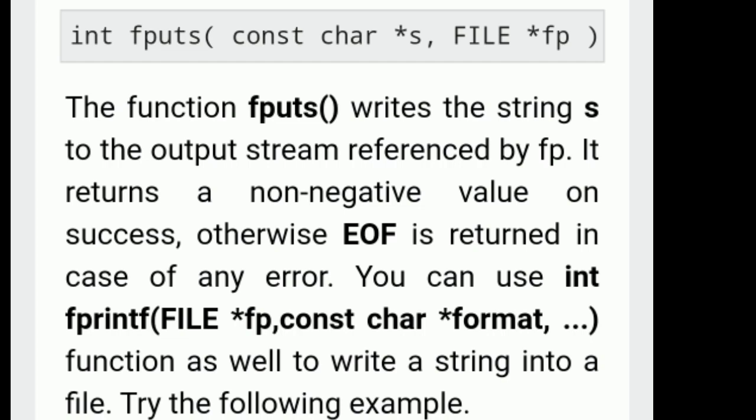int fputc(int c, FILE *fp). The function fputc writes the character value of the argument c to the output stream referenced by fp.